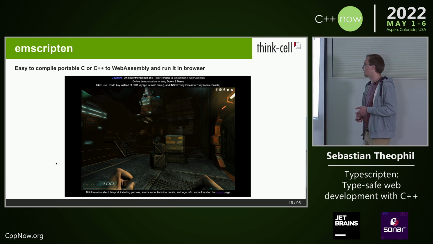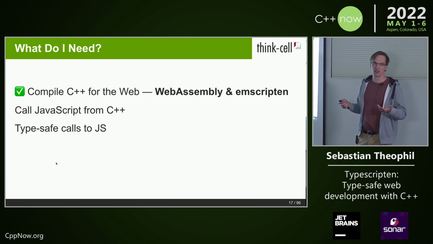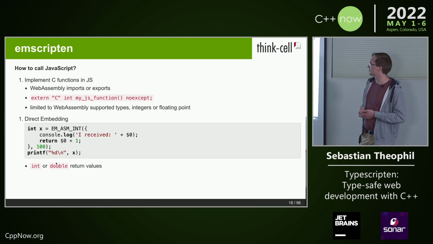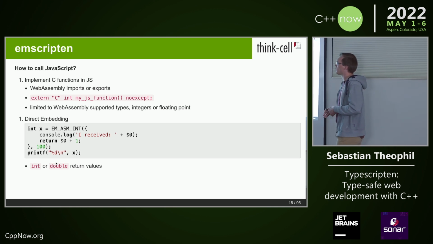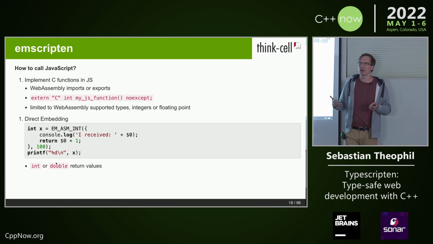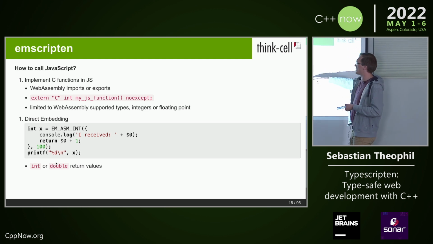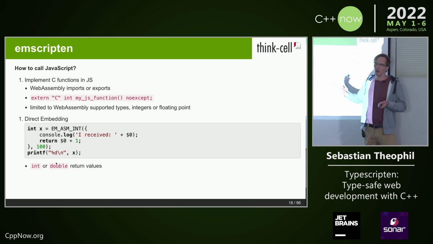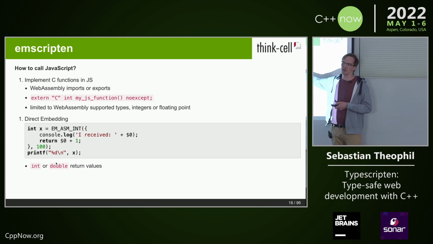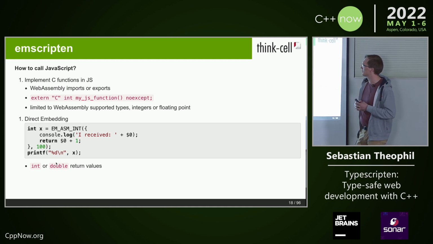Okay. How can we call JavaScript from C++ in emscripten? Well, we've already kind of mentioned one way. The first way is that WebAssembly can import and export functions, so it can call JavaScript and vice versa. So in C++, you would just declare an extern C function, which you would then implement in JavaScript, and the WebAssembly machinery would link those two together.